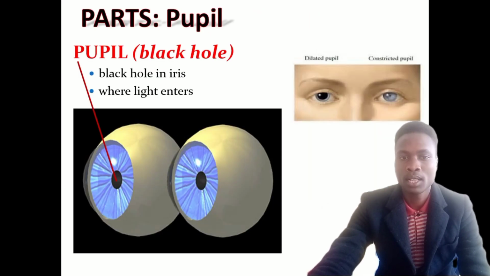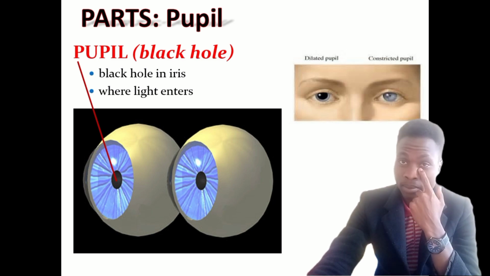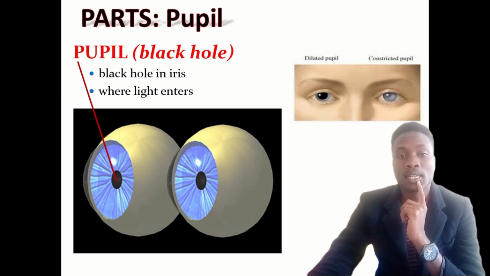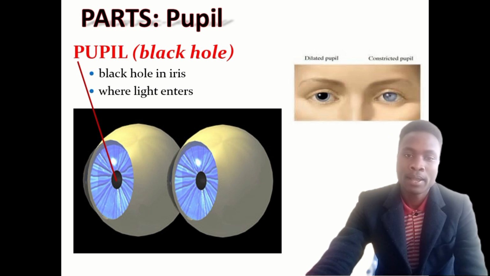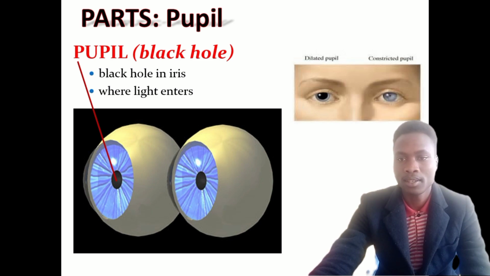Let's look at pupil. Pupil is a black hole. As you can see in my eye, we have the black hole, surrounded by the iris, where light enters the eye. We have two states of pupil: dilated and constricted.